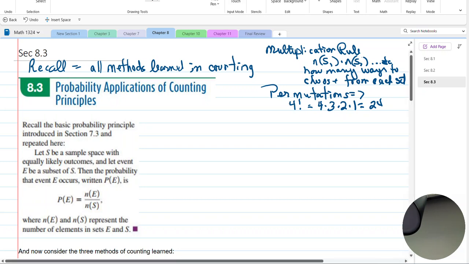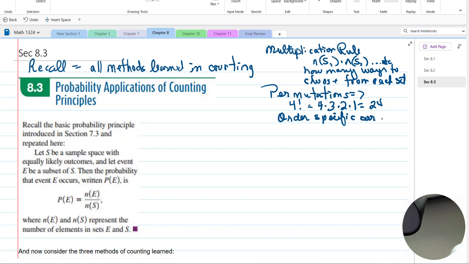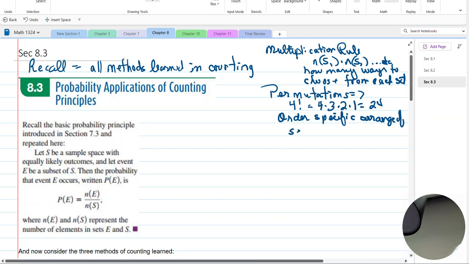And then we said, well, it is the order-specific arrangement of a set or part of a set.